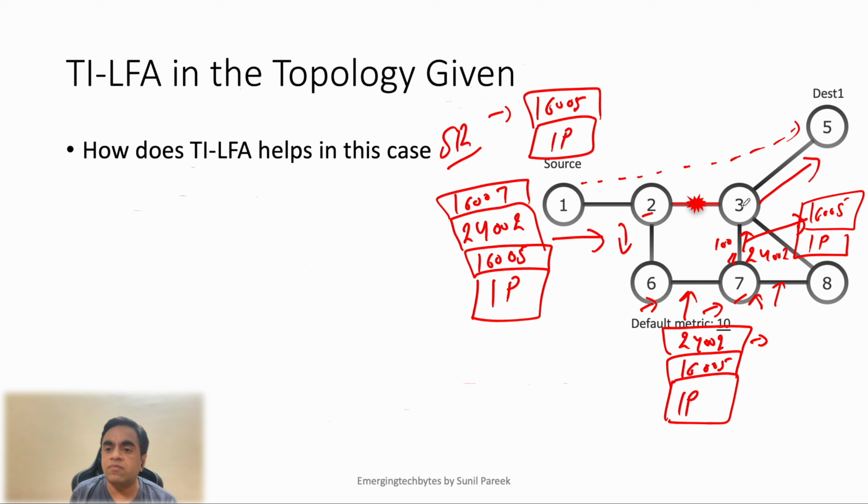And then from 3 it will be sent towards 5. So that's how, with this simple analogy, TI-LFA helps you cover 100% topology coverage. There are some more terms in this that I will demystify in the next part of this video.